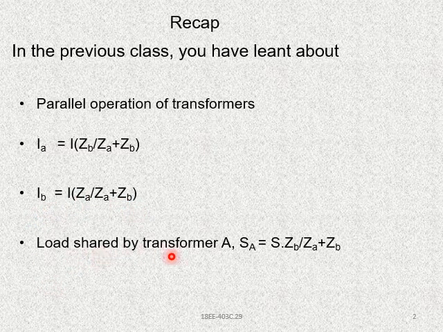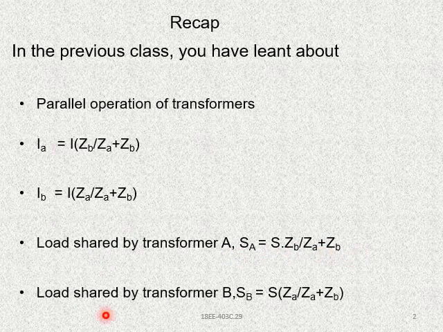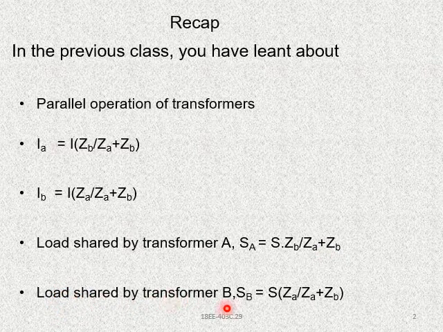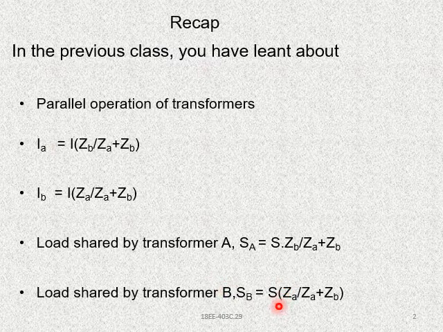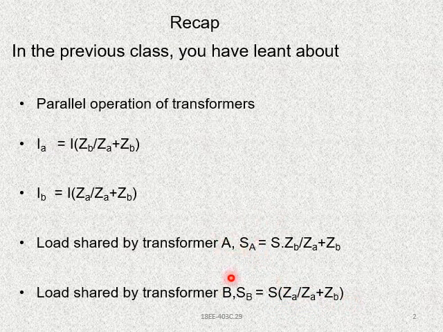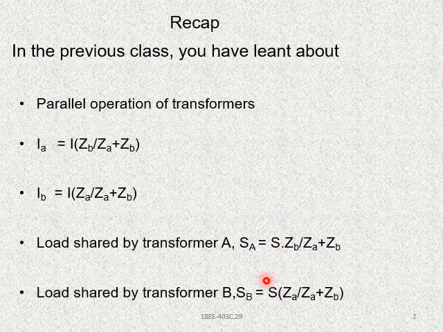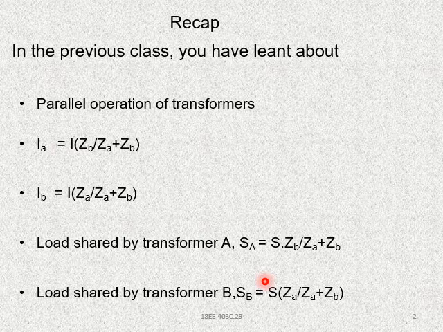And the load shared by transformer A is SA equals total S into ZB by ZA plus ZB. Similarly, the load shared by transformer B is SB equals S into ZA by ZA plus ZB, where S is the kVA of the transformer, Z is the impedance, ZA is the impedance of transformer A, and ZB is the impedance of transformer B.